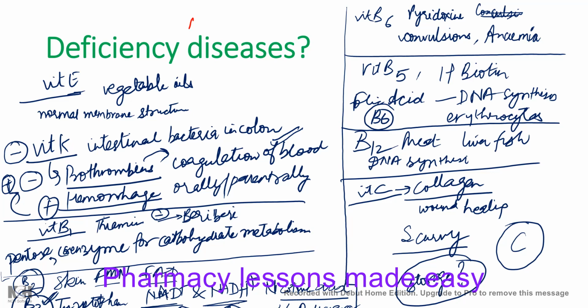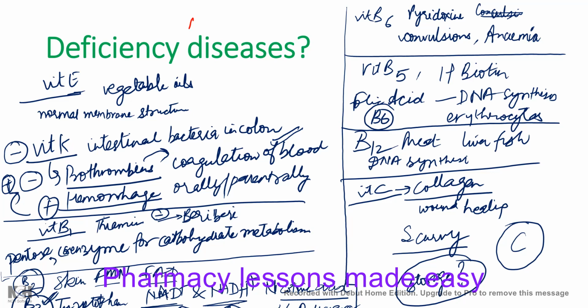So this was all about the vitamins, the major aspect. The only thing that you have to majorly focus upon is the deficiency diseases and the coenzymes which are actually involved, like thiamine pyrophosphate for thiamine, for riboflavin, flavin mononucleotide and flavin adenine dinucleotide, as we have discussed.